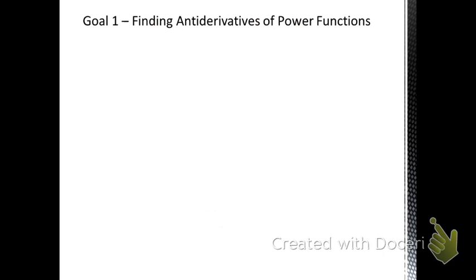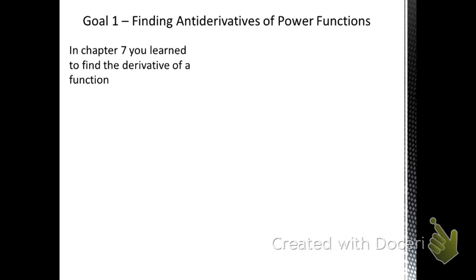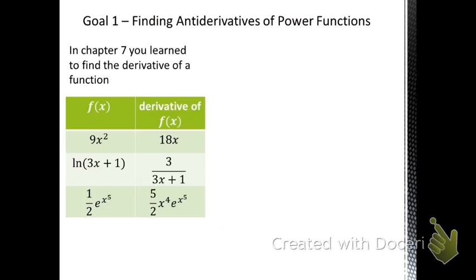Now, just based on that name, antiderivative, you might have a good idea of what an antiderivative is. And we're going to get to that. Hopefully, I'll be confirming what you've already suspected. We just talked about how in Chapter 7 you learned how to find the derivative of a function. And so everything within this little chart that I just put on the screen, you know how to find the derivative of. You know how to use the power rule, for instance, to find the derivative of 9x squared and get 18x.